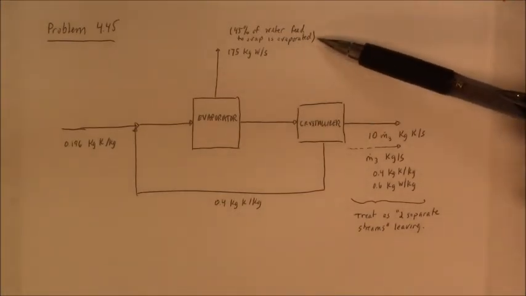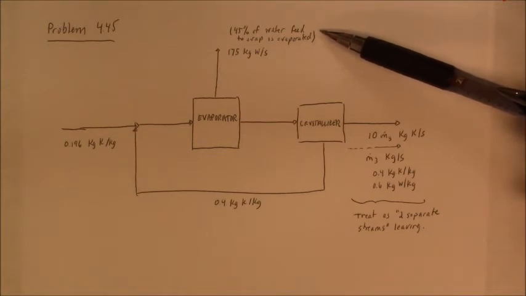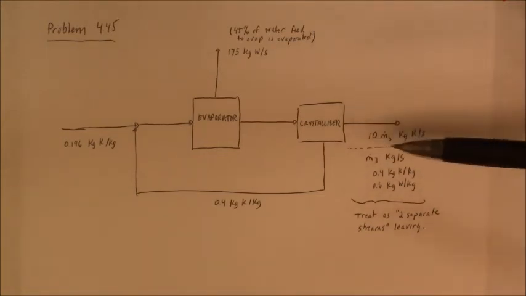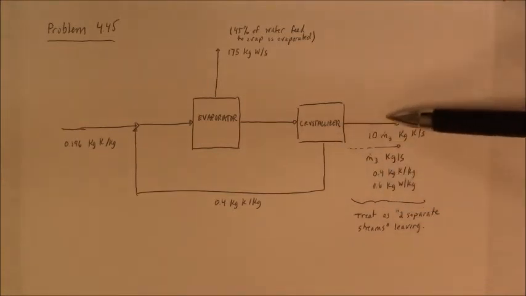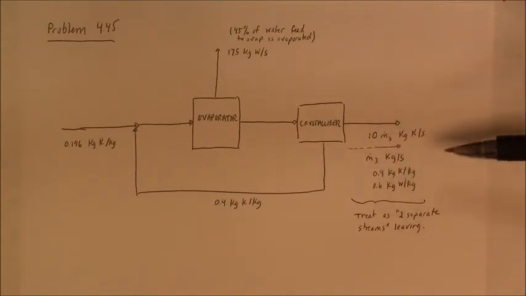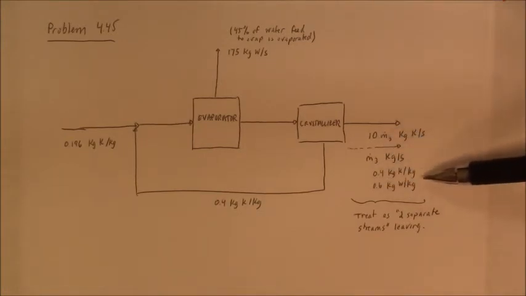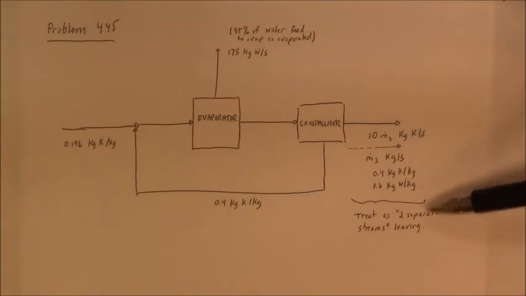Note up top, we're given the process constraint that 45% of the water fed to the evaporator is evaporated. And over here, I wrote the exit of the crystallizer in an interesting way. We were told that the flow rate of the pure crystals, potassium sulfate, was 10 times that of the liquid that the crystals were contained with.